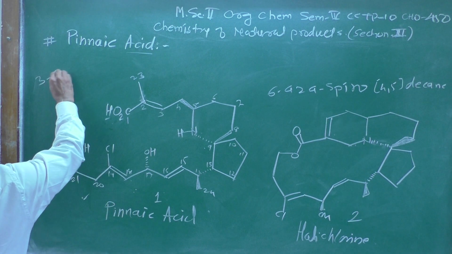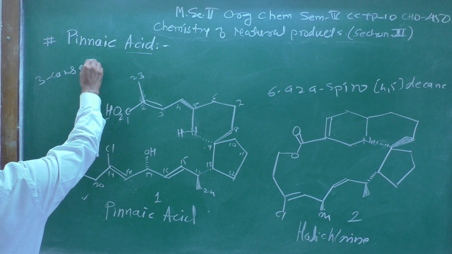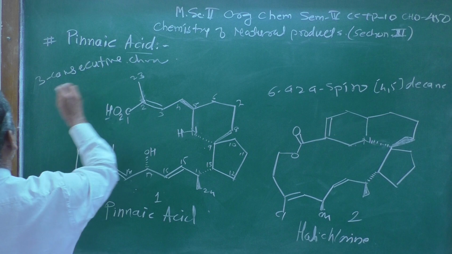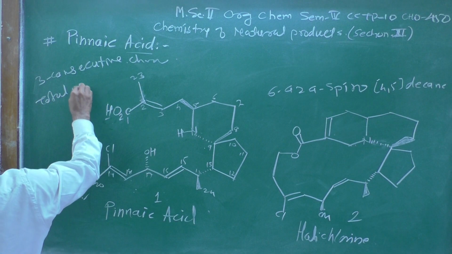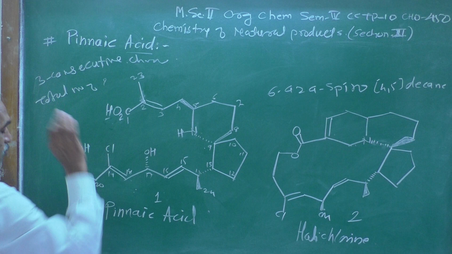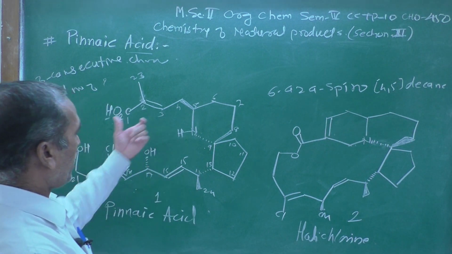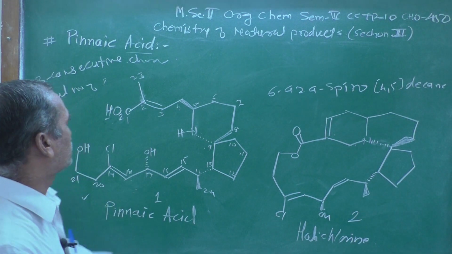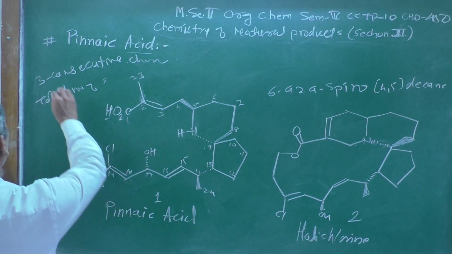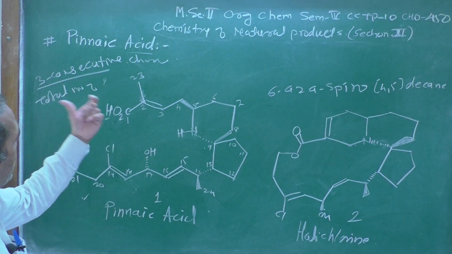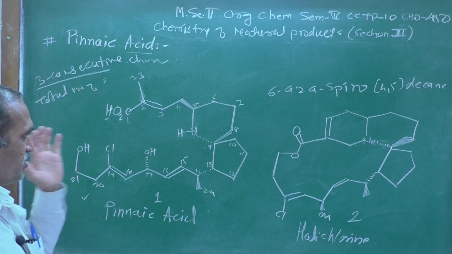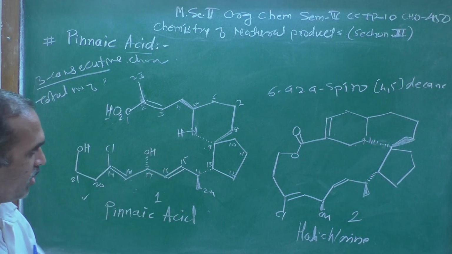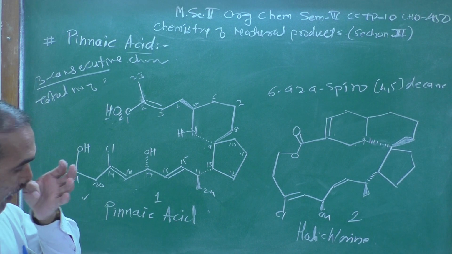3 is a consecutive chiral center, and the total number of chiral centers, what are those? That is the main point which we are discussing. Now you focus on the structure. Now tell me the 3 consecutive stereogenic centers which are present in this particular structure.